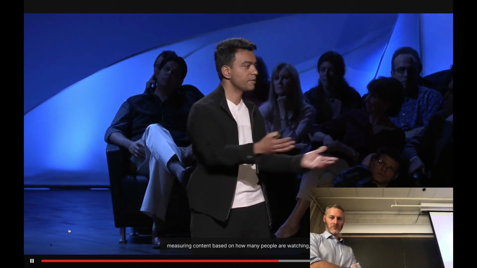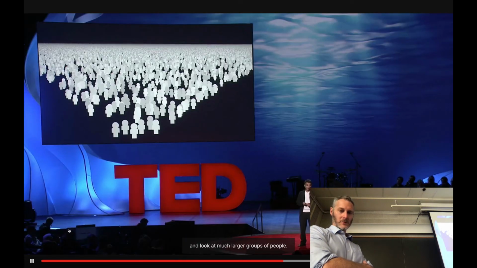Same concept, but looking at communication dynamics in a very different sphere. So fundamentally, rather than, for example, measuring content based on how many people are watching, this gives us the basic data for looking at engagement properties of content. And just like we can look at feedback cycles and dynamics in a family, we can now open up the same concepts and look at much larger groups of people.